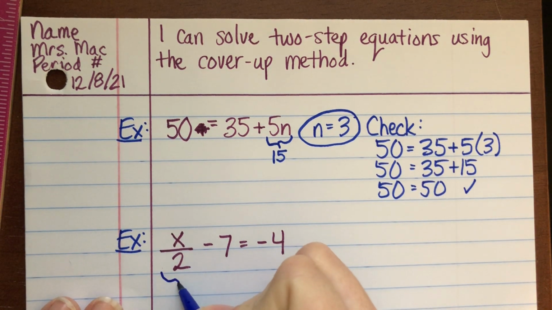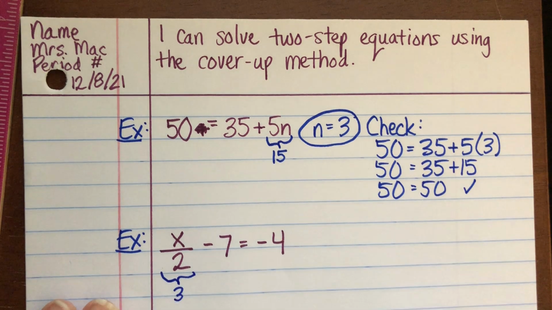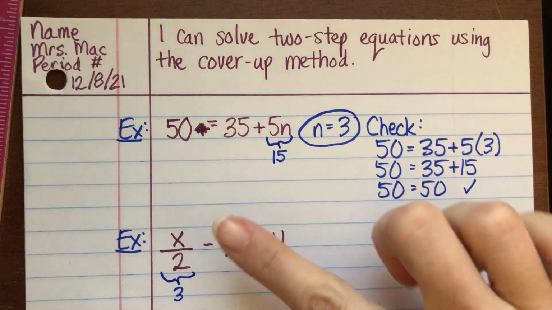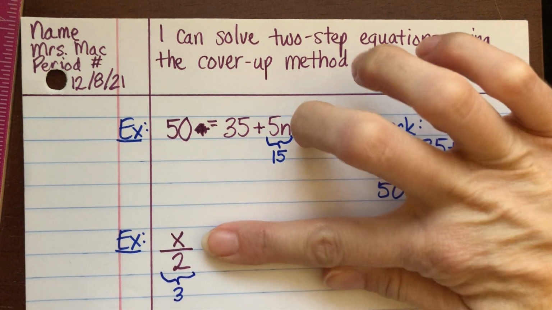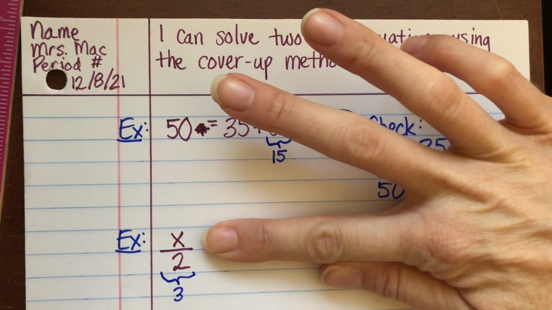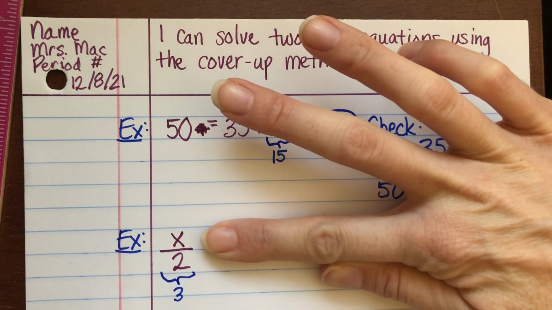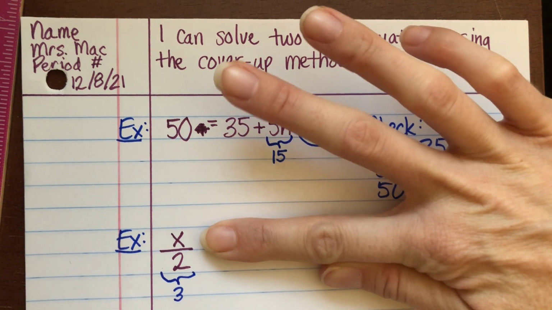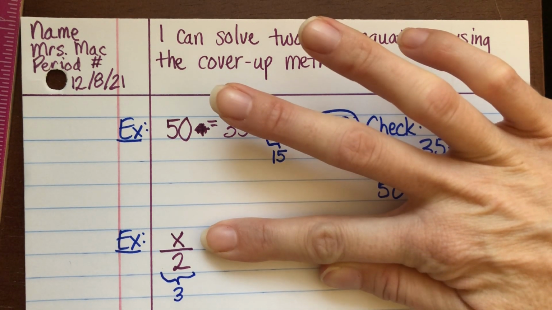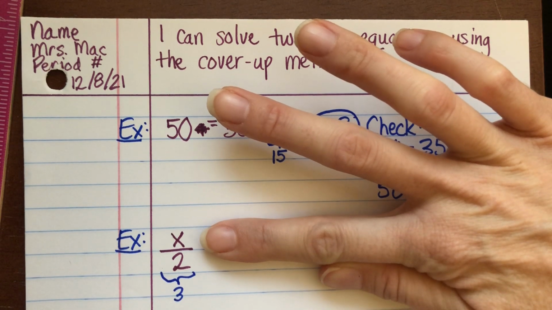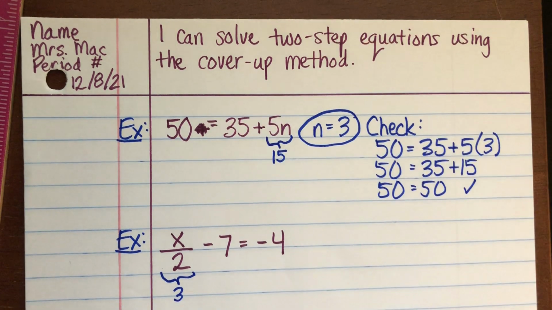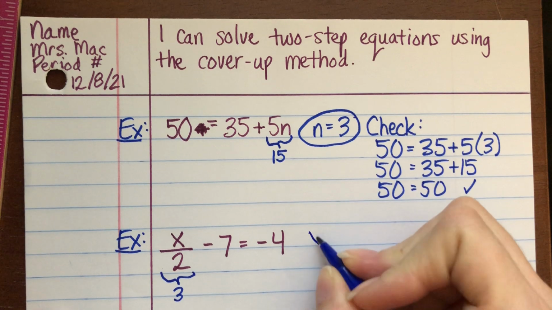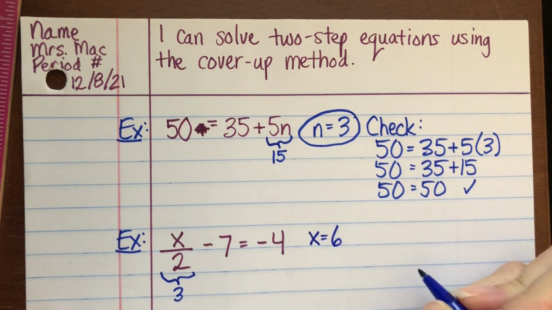So this right here has to be +3. Now I'm going to cover up the rest of this, okay? What would x have to be to make that +3? And I hope you're already there. If you're not, that's okay. But it needs to be 6, because 6 divided by 2 is 3. So I'm saying that x is equal to 6.